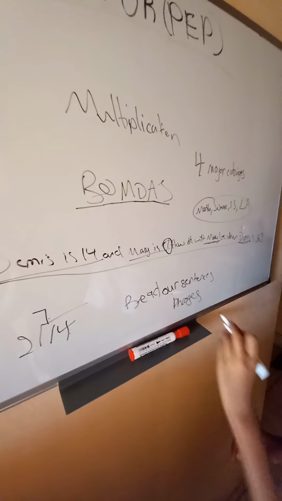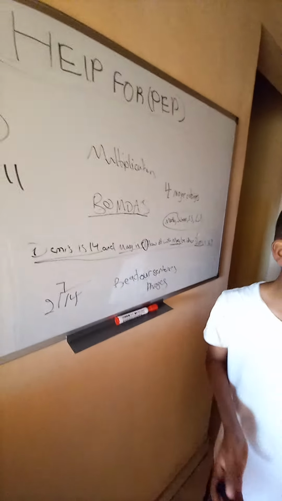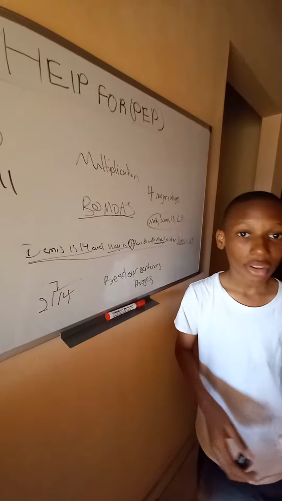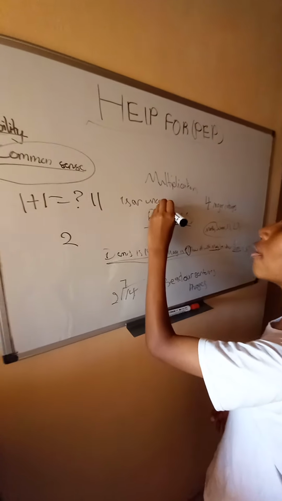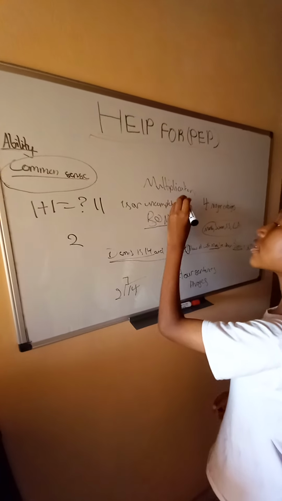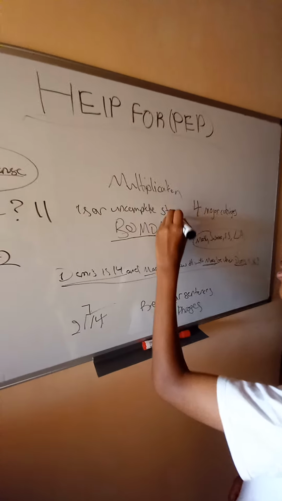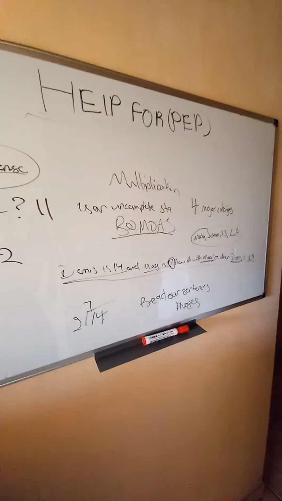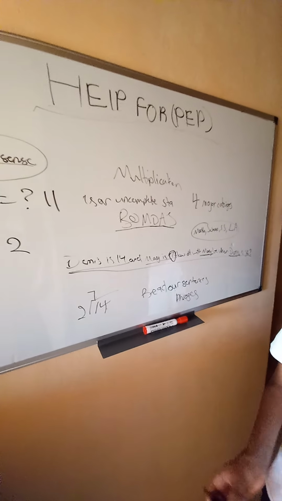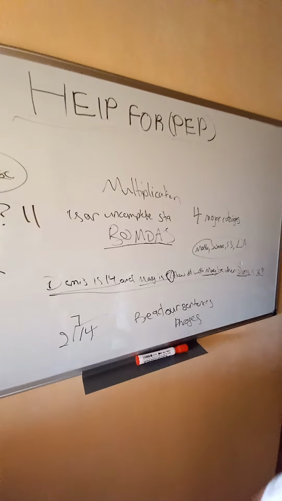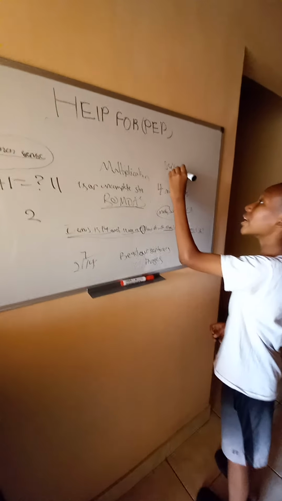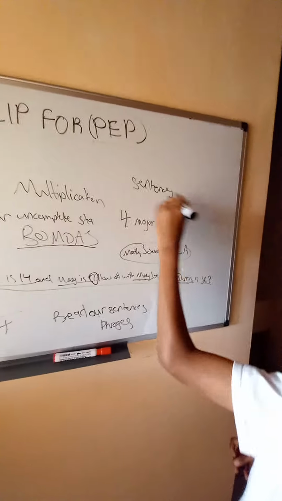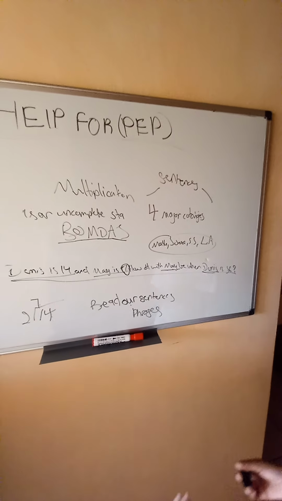Can anyone tell me what a phrase is? Yes, what is a phrase? A phrase is an incomplete statement. For instance, you have "the dog." That is a phrase. It didn't tell the action that the dog did, because a sentence always includes, can anyone tell me?